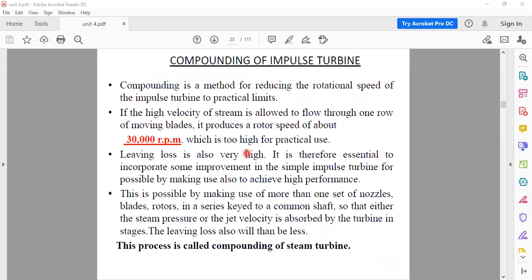So, compounding of impulse turbine. Compounding is a method of reducing the rotational speed of the impulse turbine to practical limits. If the high velocity of steam is allowed to flow through one row of moving blades, it produces a rotor speed of about 30,000 RPM, which is too high for practical use.